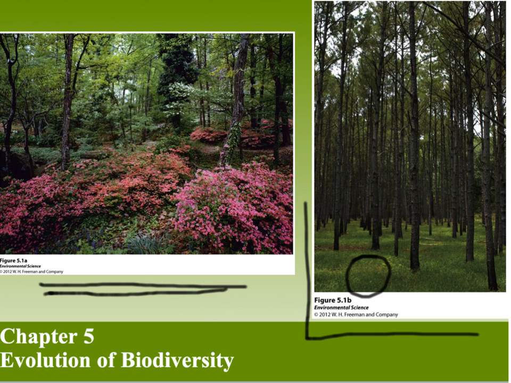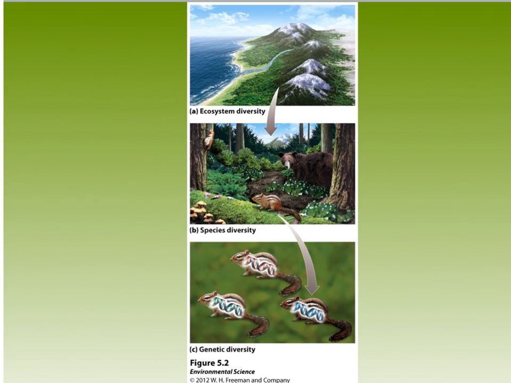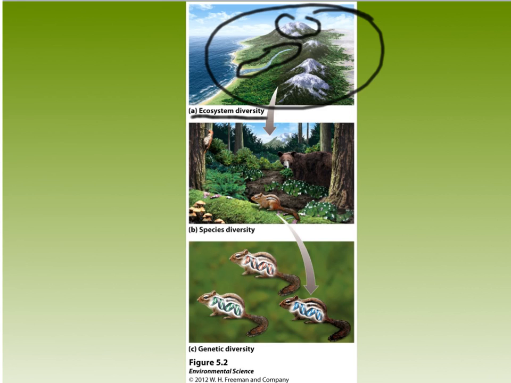So we have different types of diversity that all contribute to the overall biodiversity of the planet. First is ecosystem diversity. We have differences in ecosystems, and they all butt up against each other. Remember, the boundaries are very difficult to determine. So you have a freshwater ecosystem right here, an alpine ecosystem at the top of the mountain, an ecosystem here, an ecosystem here, an ecosystem here.